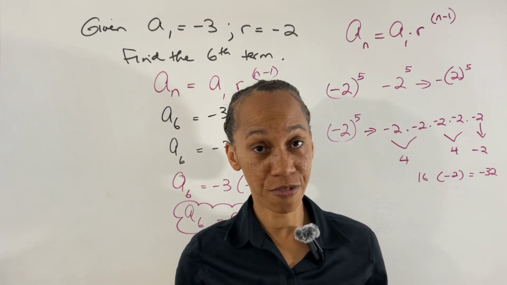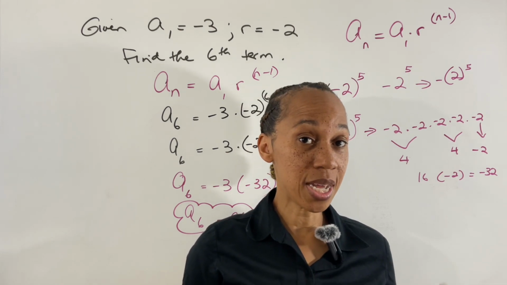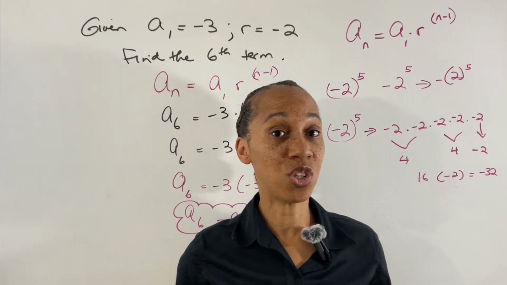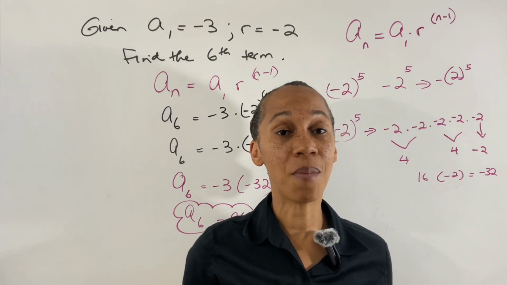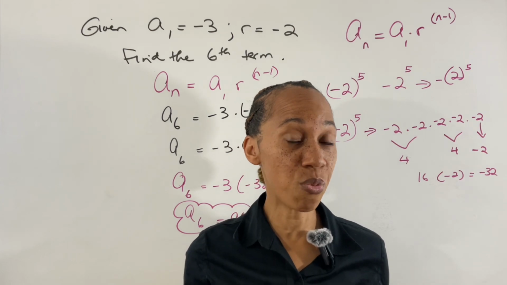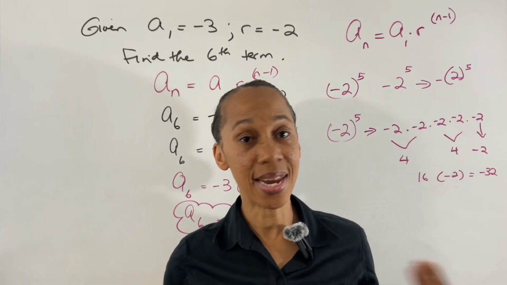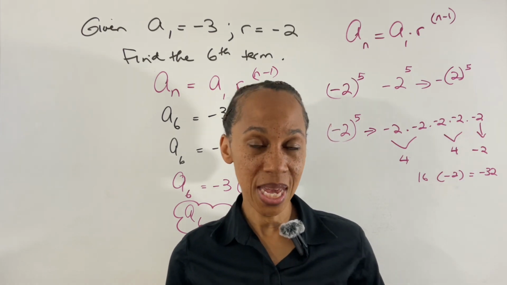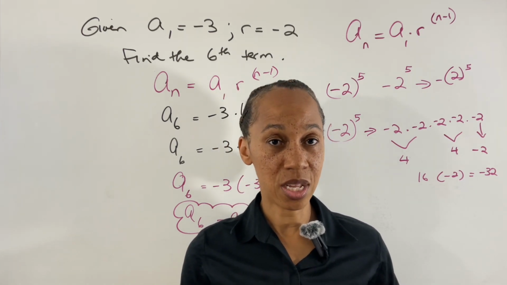That is your common difference. And if you are dealing with geometric sequence, you are simply dealing with ratio, which is you're going to multiply by a whole number or multiply by a fraction. And also it could be a scenario where you are multiplying by a negative fraction or a negative number. So please be careful when it comes to these two.